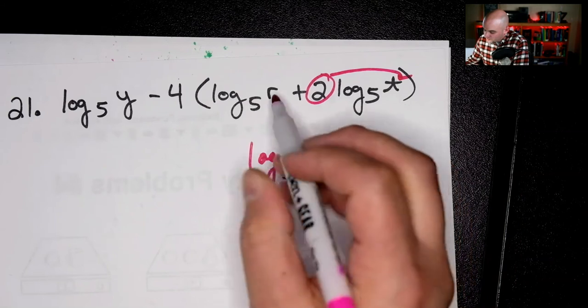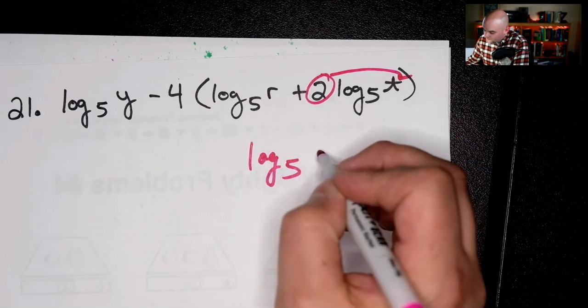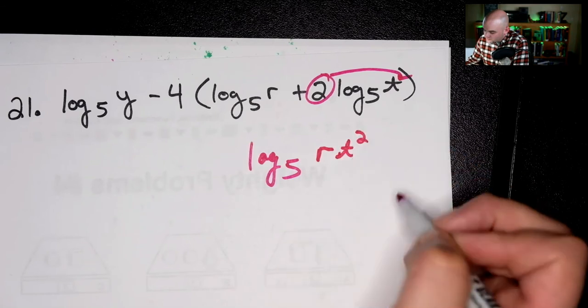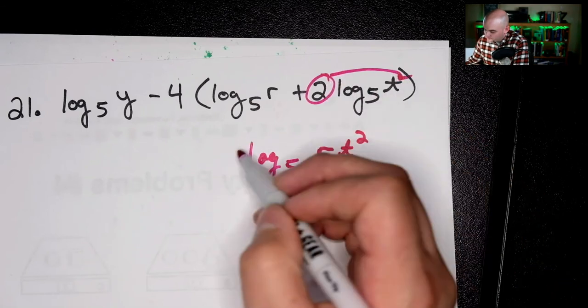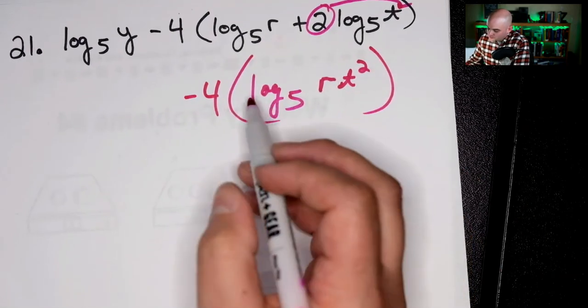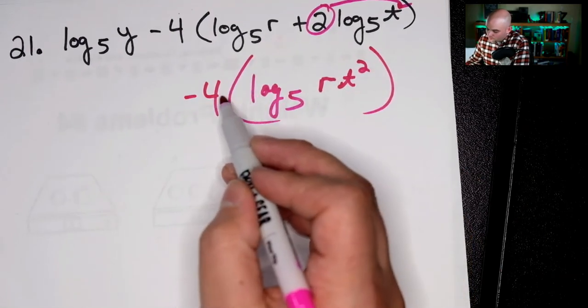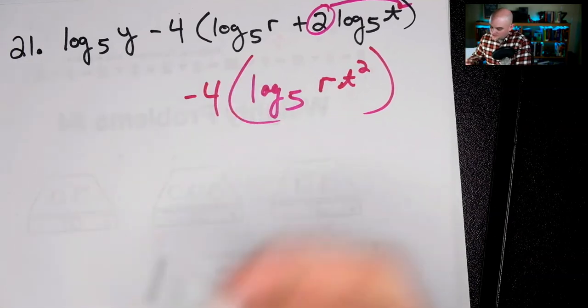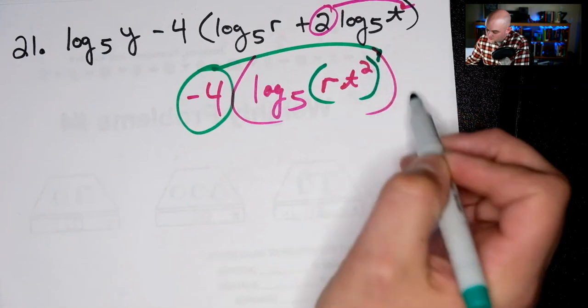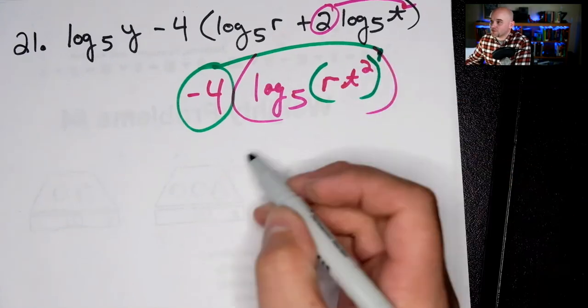So the log base 5 of r times t squared. Just the t is squared there because it got moved up top. And it's still being multiplied by -4 here. So when I multiply by -4, remember, I can move the -4 to the top of this mess right there. So all of that's being raised to the power of -4.